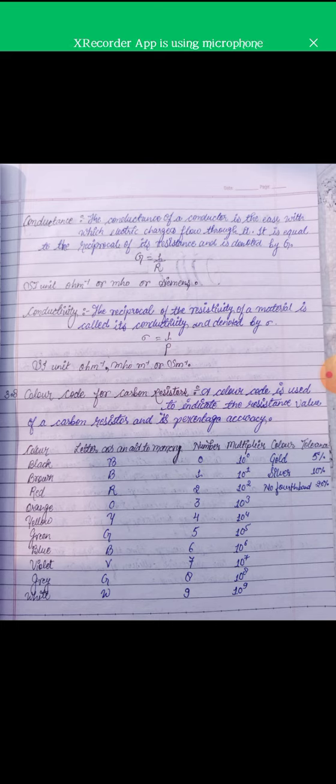Topic 3.8 Color code for carbon resistors. A color code is used to indicate the resistance value of a carbon resistor and its percentage accuracy. Here the colors are given with letters as an aid to memory, and number, multiples, color, tolerance.